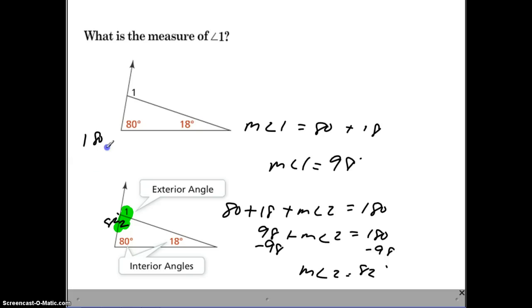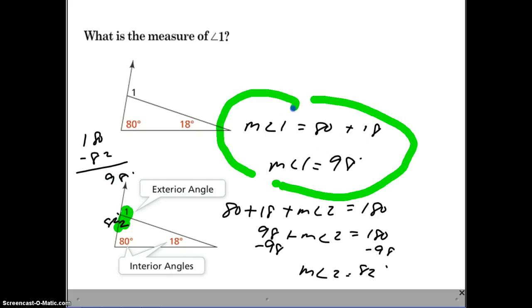So if I do 180 minus 82, that leaves me with angle 1 being 98 degrees. So this way happens to be a much, much shorter way than having to go through all of these steps. So the exterior angle equals the sum of your two remote interior angles.